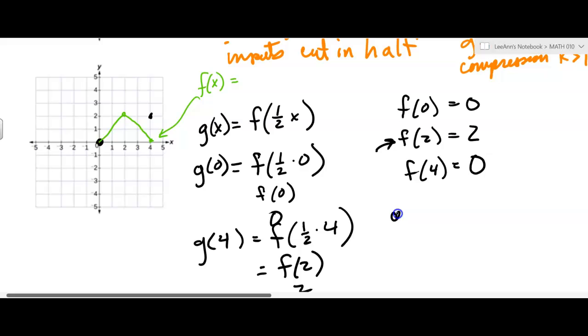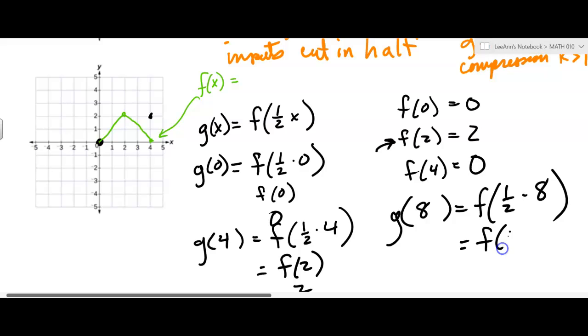And then finally, if I want f of 4, I'm going to have to put in an 8. So then that gives me f of 4, and that's going to be 0. So that's going to be way out here someplace. So I'm getting a stretch here. This is going to be a horizontal stretch.